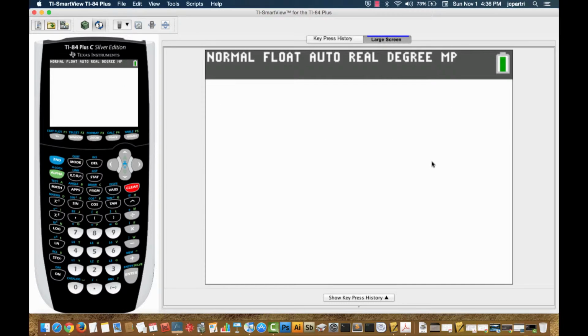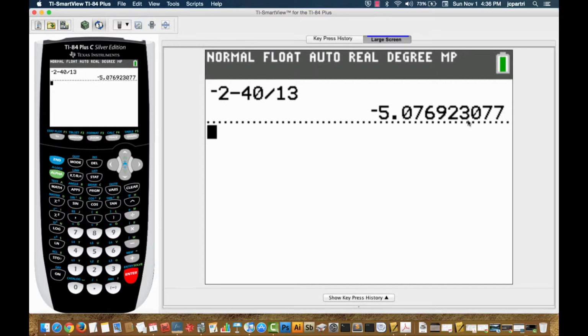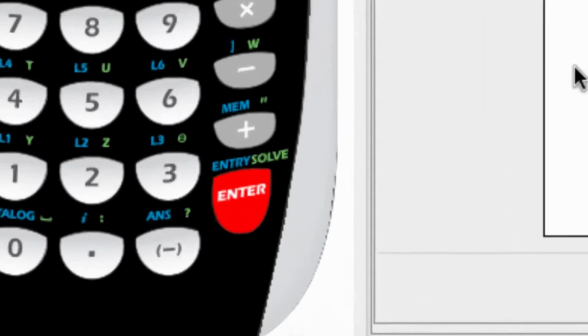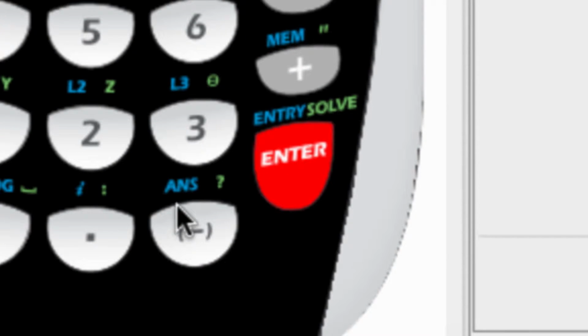Now what if you don't have a TI-84? Well, what you'll probably have to do is calculate one thing at a time. So first take -2 minus 40 divided by 13, and you calculate that. Then you'll square your answer. Even if you don't have a TI-84, usually calculators have something on it called ANS that stands for answer.